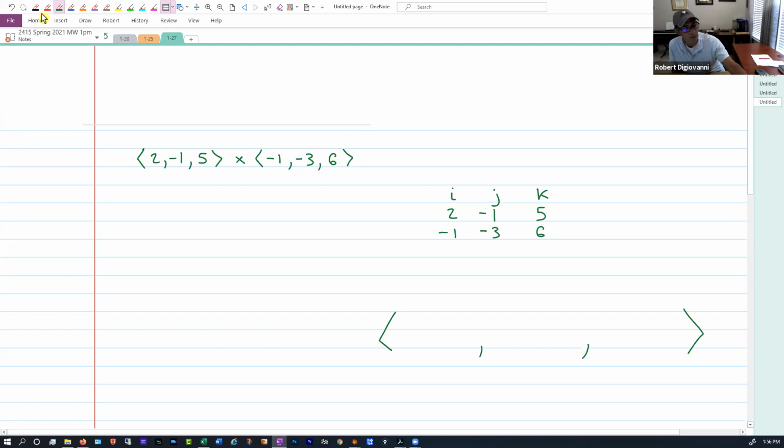To get the first piece, I cover up the first column. I do the determinant on what's in here. So I'm going to do -1 times 6, that's -6, minus 5 times -3, it's -15. I'll come back and get that answer in a moment.